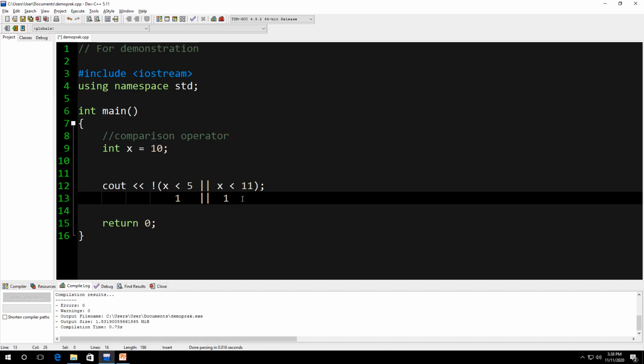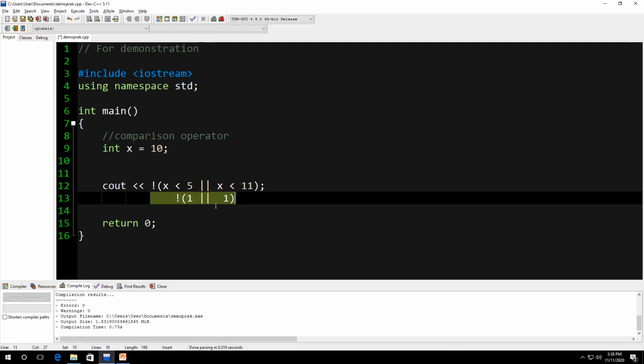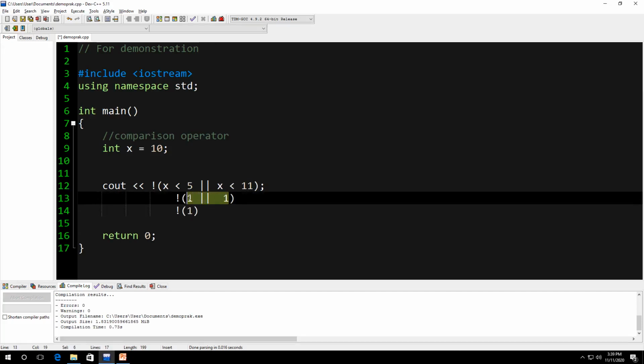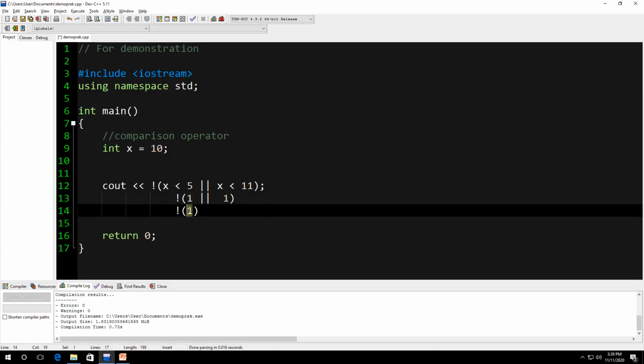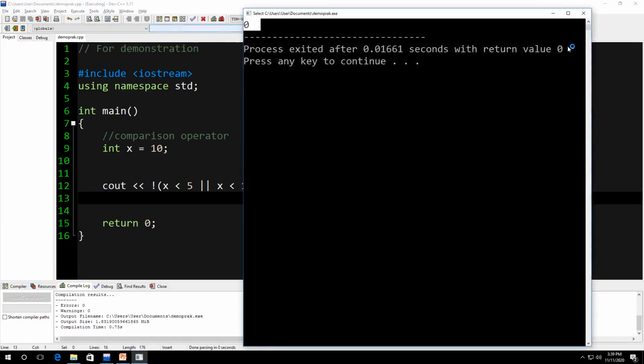Yes, it is true. But this is under the NOT sign, so you have NOT here. Since 1 or 1 is true, and NOT will reverse the result, it is equal to 0. Let's try it again. It gives you 0.